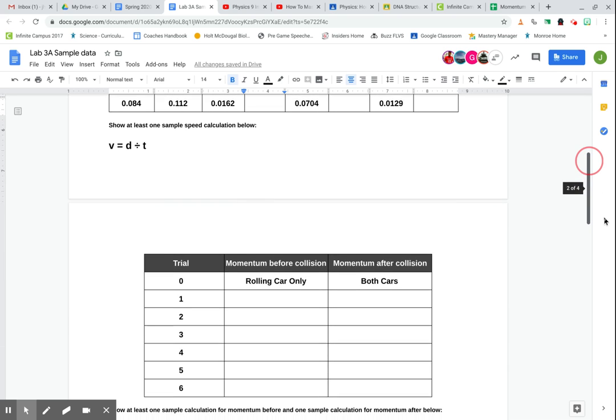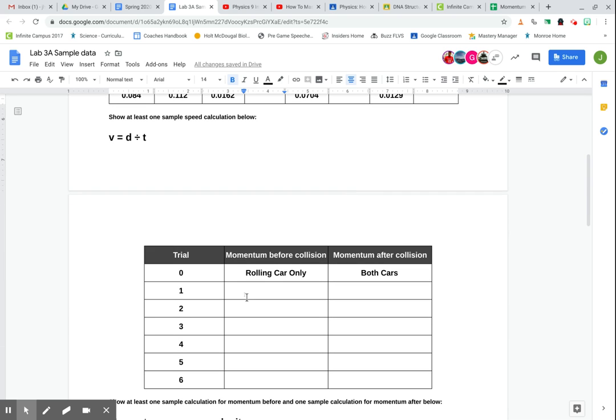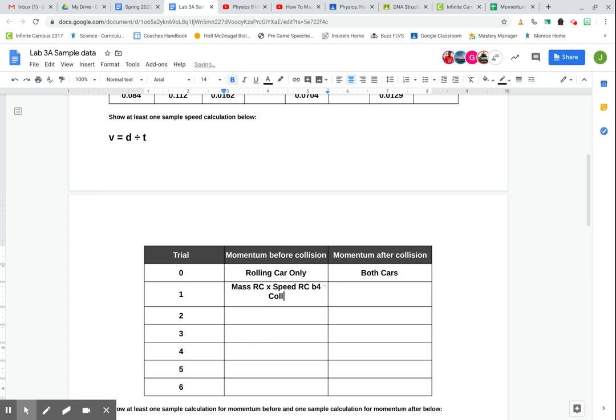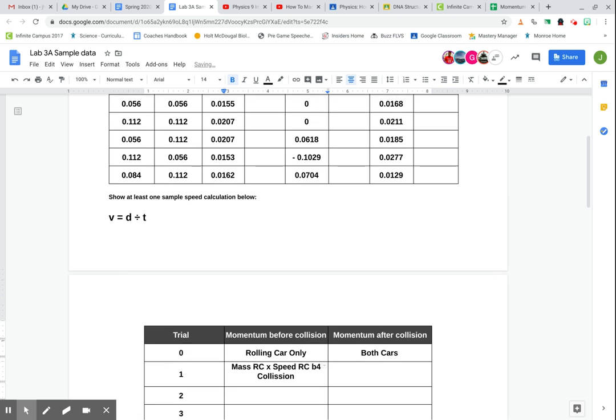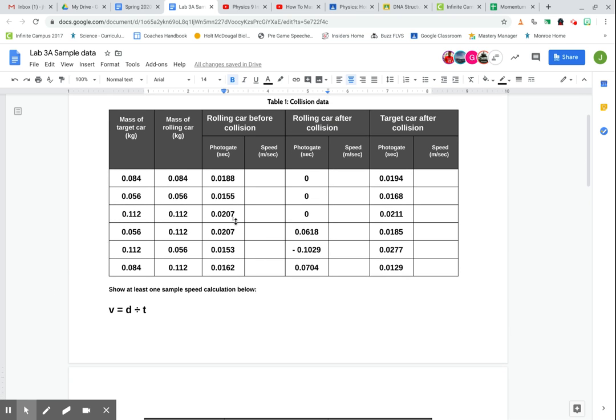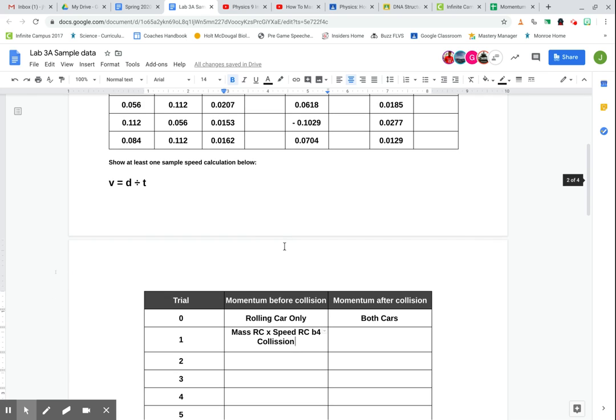In order to do that, I'm going to take the mass of the rolling car times the speed of the rolling car before collision. So I take the mass of the rolling car right here and multiply it by the speed of the rolling car right here.